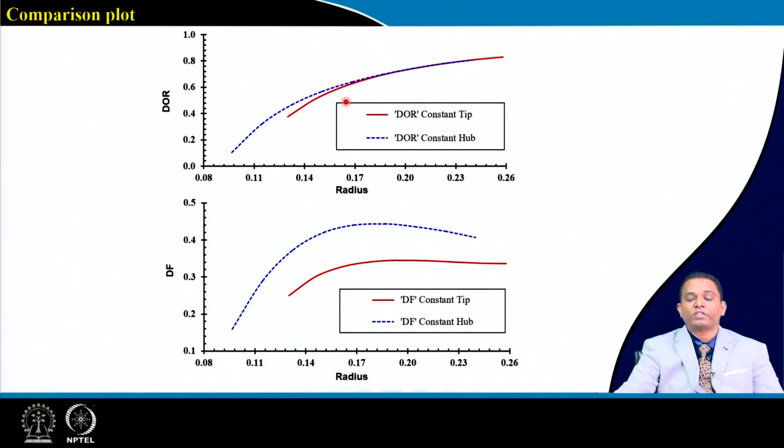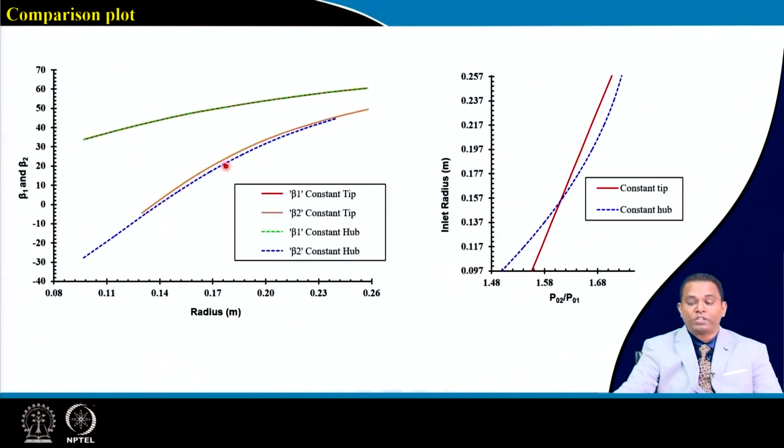So this represents the variation of degree of reaction for the constant hub configuration as well as the constant tip configuration. If you configure the constant hub diameter configuration, my degree of reaction at the hub is going low, and that's what we need to understand here. This is going low because we are configuring our delta P0, the expected pressure rise at the hub, to be lower.